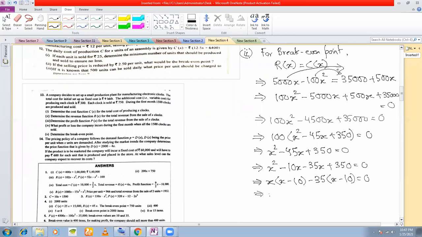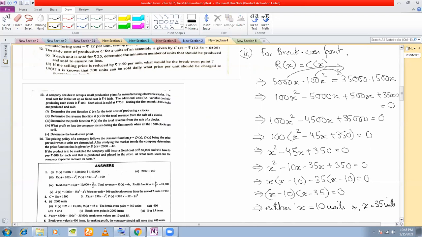That means x minus 10 into x minus 35 is equal to 0. That means either x is equal to 10 units or x is equal to 35 units. So how many goods you need to produce? Either you produce 10 units or you produce 35 units. Is that absolutely clear?